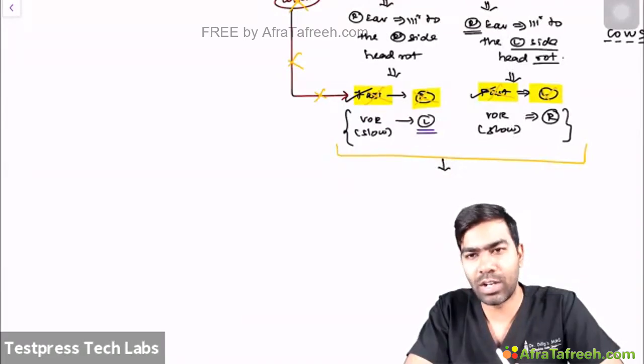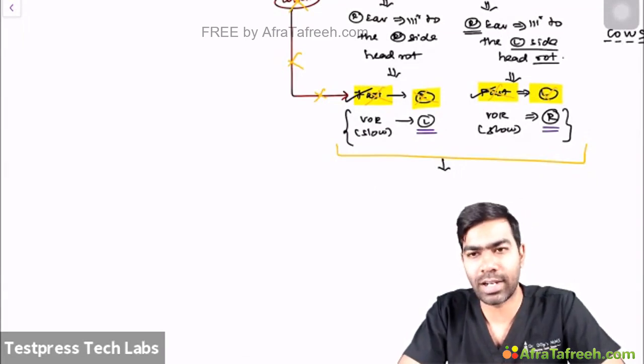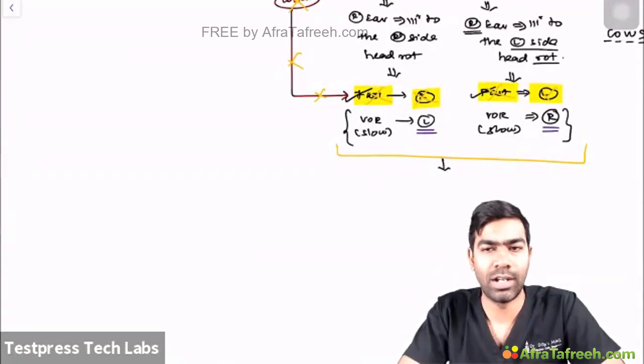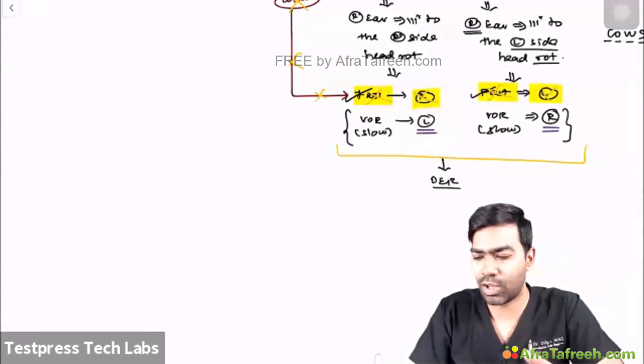Whenever you turn the head towards the left side, the vestibulocular reflex will move the eyes towards the right side, which means here there is no cortical influence. When there is no cortical influence on movement of the head, only your vestibulocular reflex will be there. That is going to move the eyes towards the opposite side. And this is what we refer to as the Dulce response.